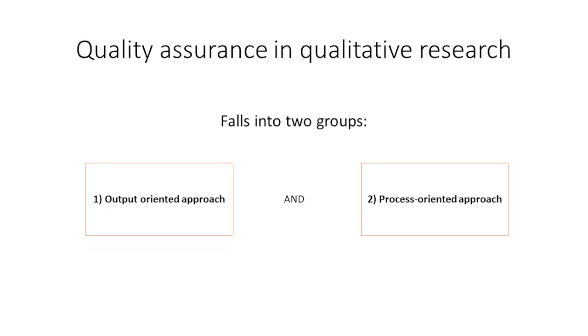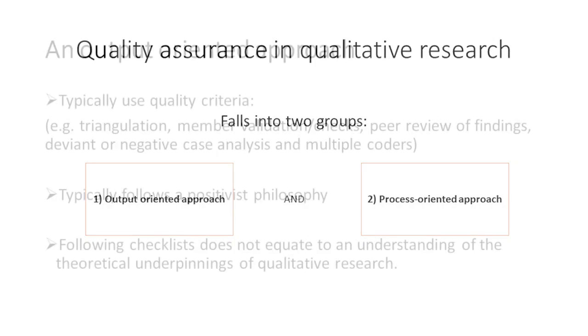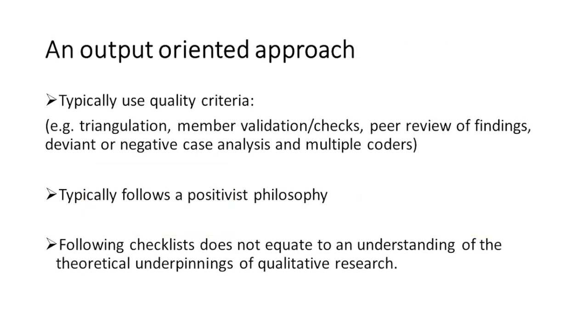An output-oriented approach typically uses quality criteria like, for example, triangulation, member validation or checks, peer review of findings, deviant or negative case analysis, and multiple coders.